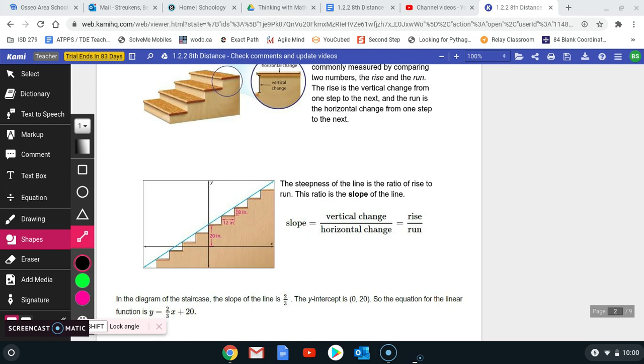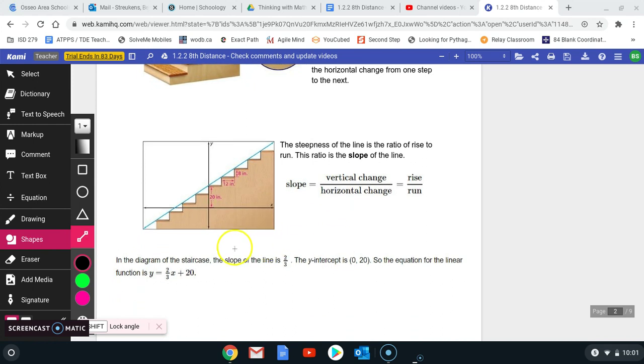You're going up, and then you're going over. You lift your foot up, and then you put your foot down on the stair. As you can see in this diagram, we're looking at the line that connects the points of the stairs. So you're going up and over. Rise and run, rise and run.